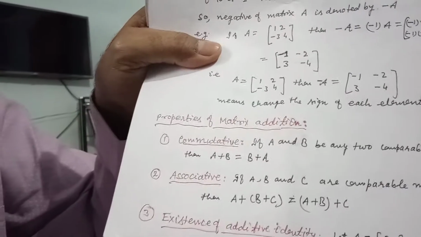Okay. Now children, we come back to the properties of matrix addition. We already know in the number system the commutative, associative and distributive properties, the existence of identity and the existence of inverse. All such properties are also applicable to matrix addition.